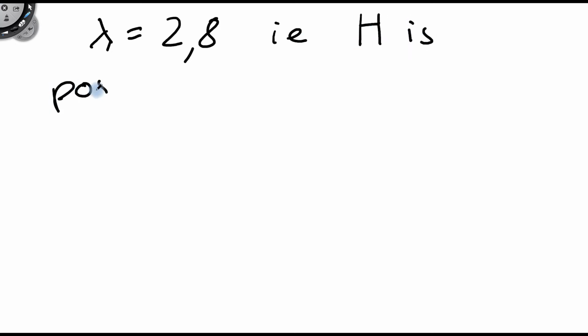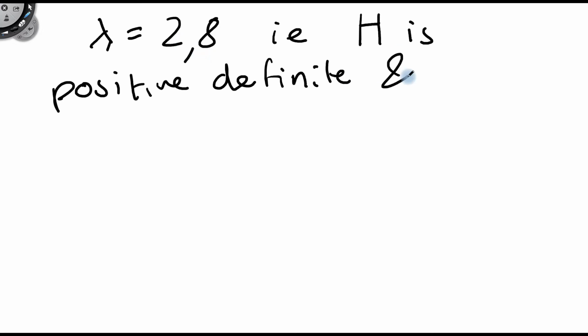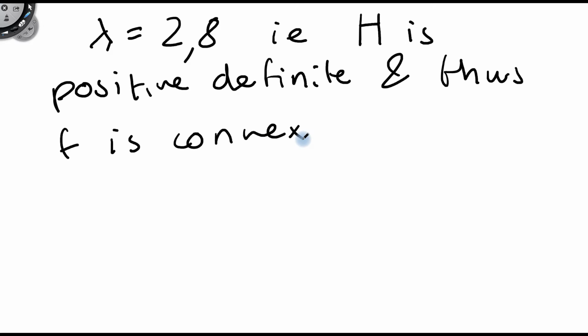So lambda equals 2, 8, i.e. H is positive definite, as all the lambdas are greater than 0, and thus f is convex and has a global minimum.